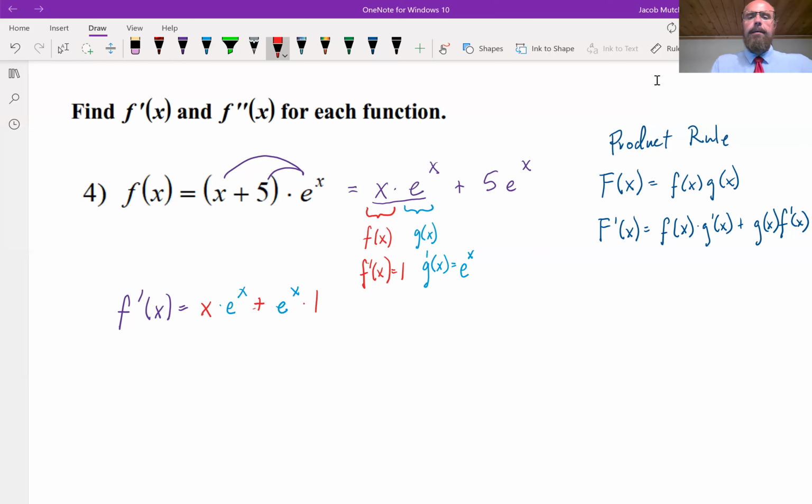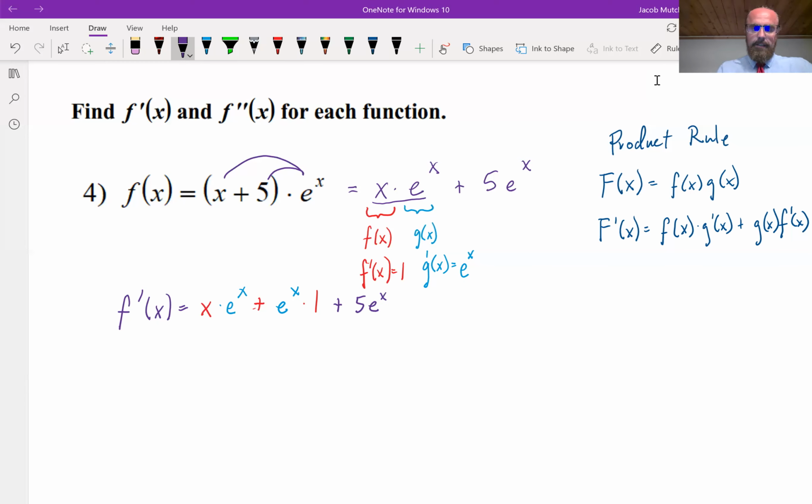So that's from that first x times e to the power of x. For the second piece there, which is 5 e to the power of x, I can just apply my constant coefficient rule, so that's 5. And then e to the power of x, its derivative is also e to the power of x.